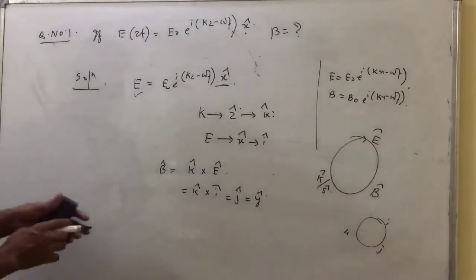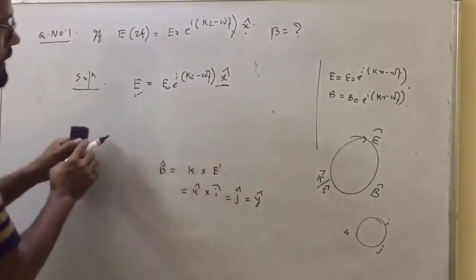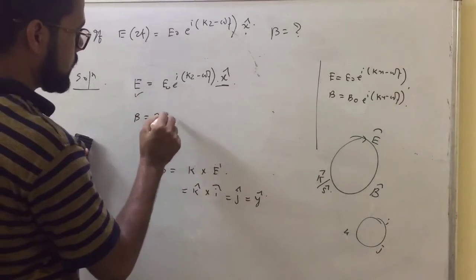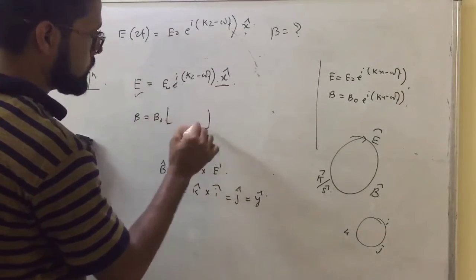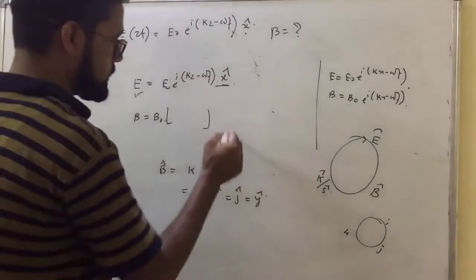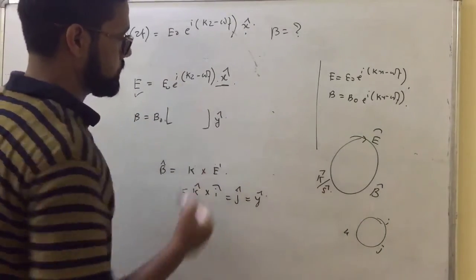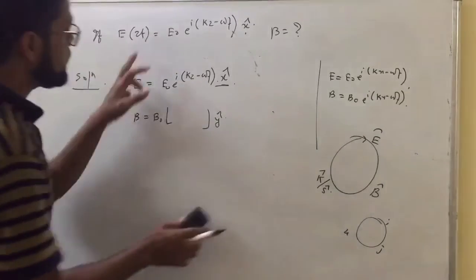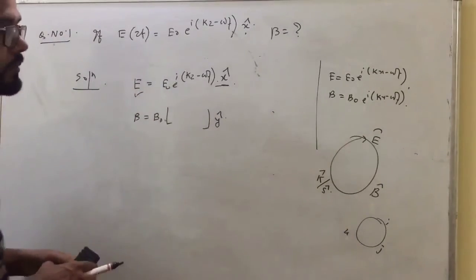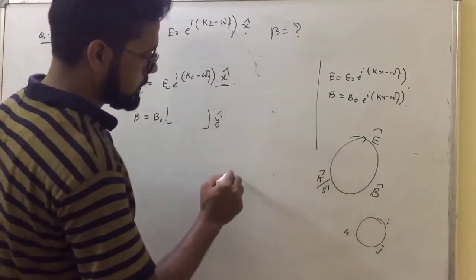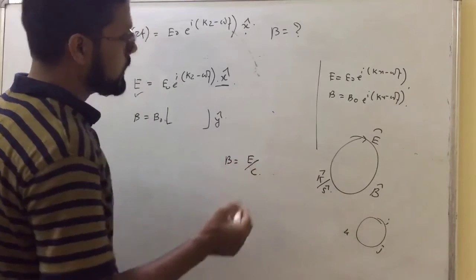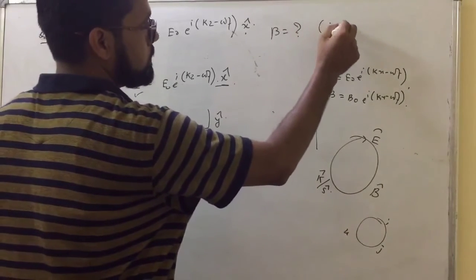So what you can understand, B equals B naught, this part will remain fixed, the exponential term will not change, and the direction will be y cap. Now B naught is not given here, so how can you calculate it? Because I have already derived this relation, B equals E by c in free space.